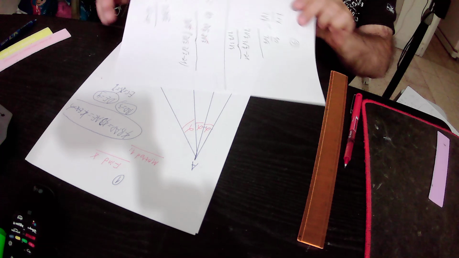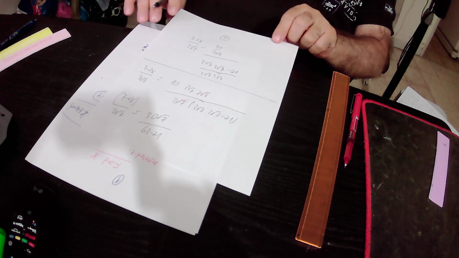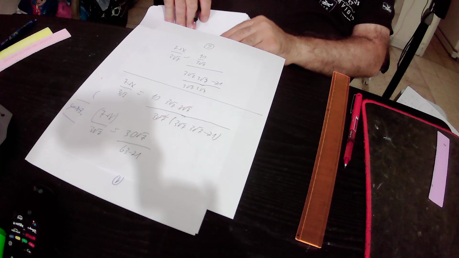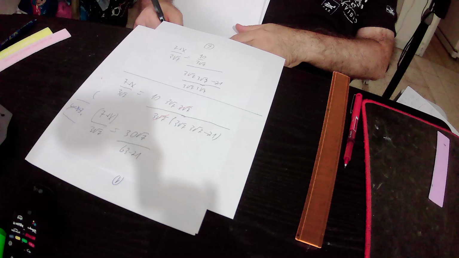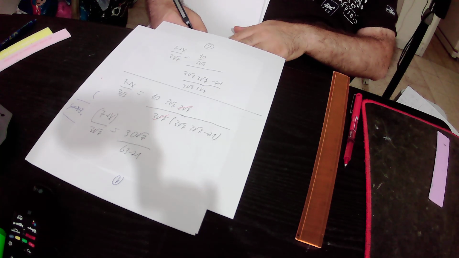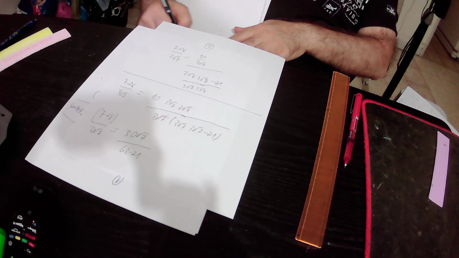So in total we got that 7 plus x over 3 times root 7 equals 30 times root 7 over 63 minus 21. So 63 minus 21 is 42.